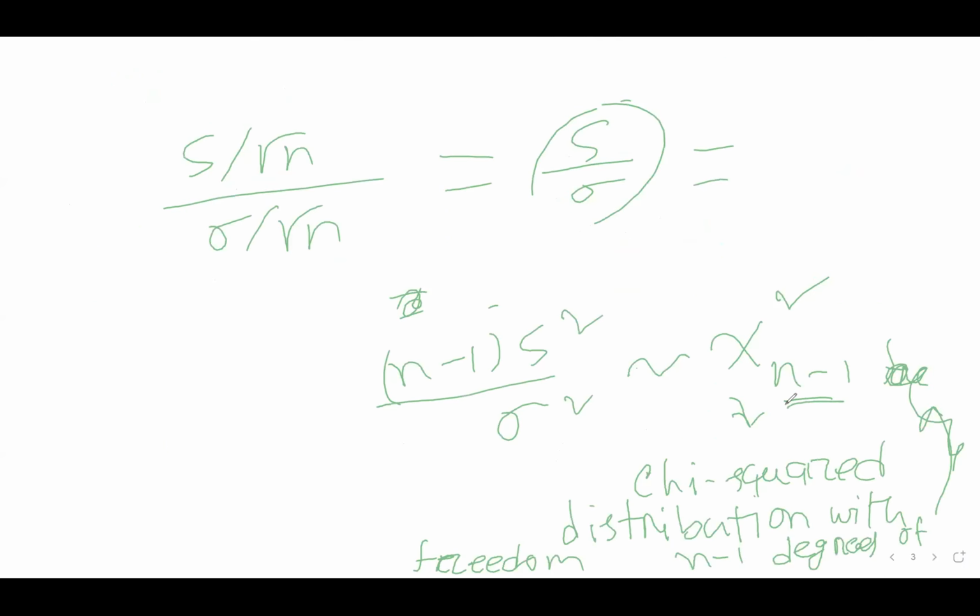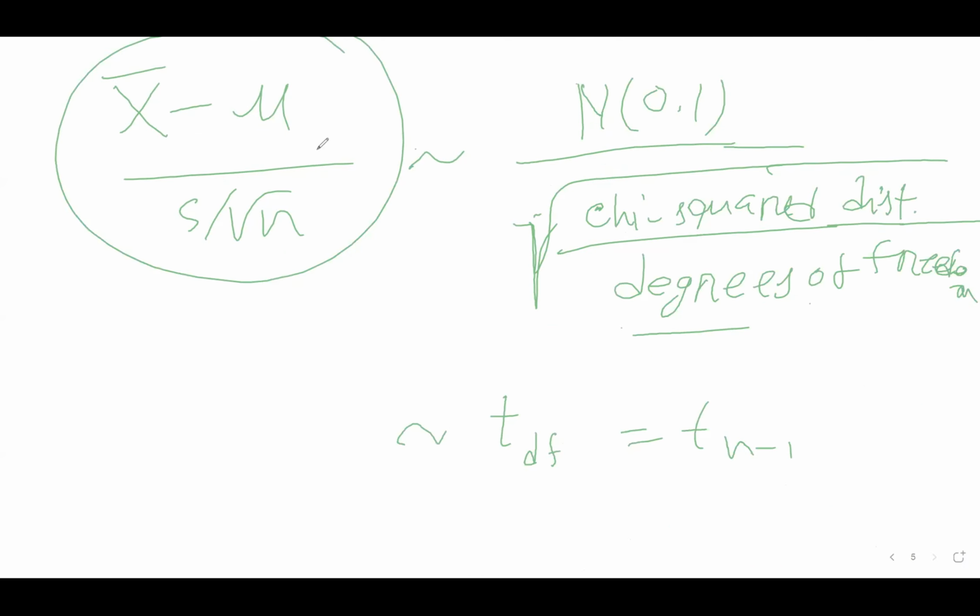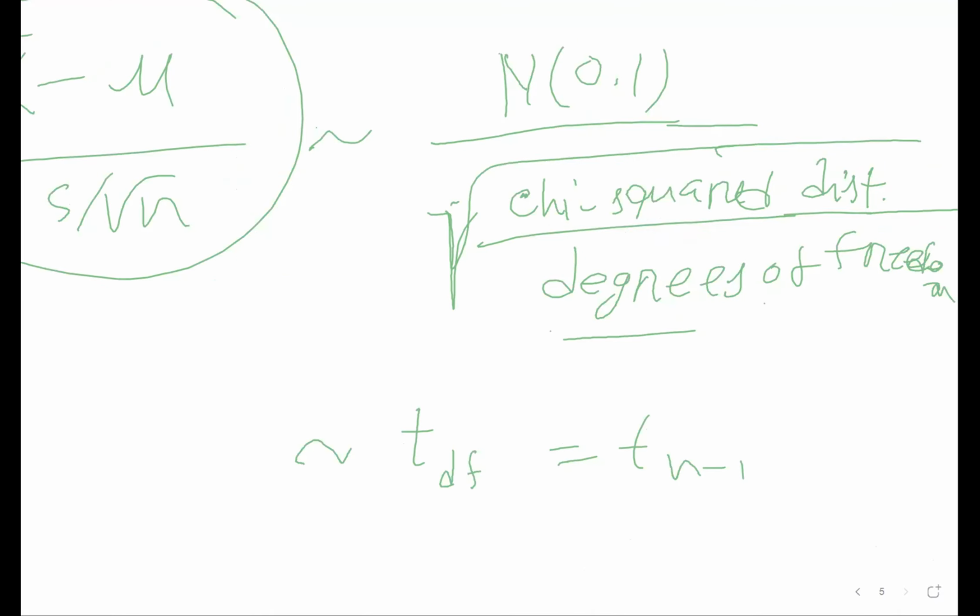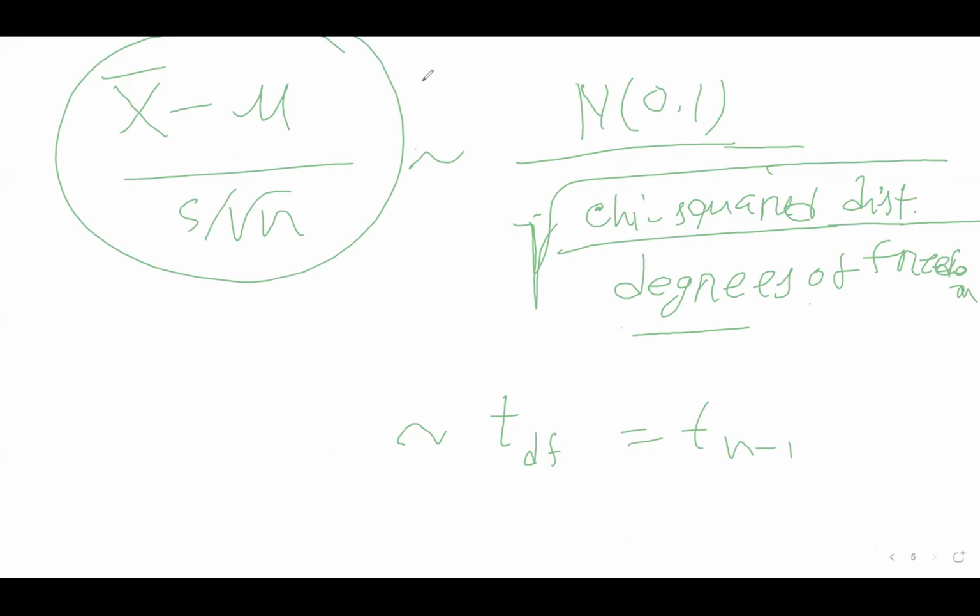So we can say that this is t distribution with n minus 1 degrees of freedom. This is also called student's t distribution. And there is an interesting story about the name of this student's t distribution.